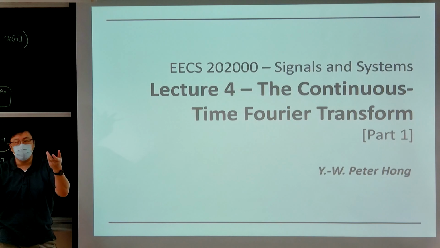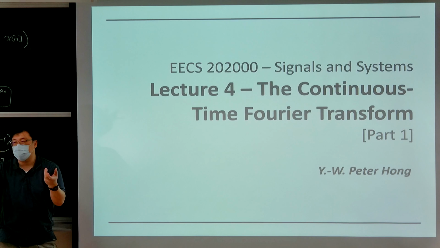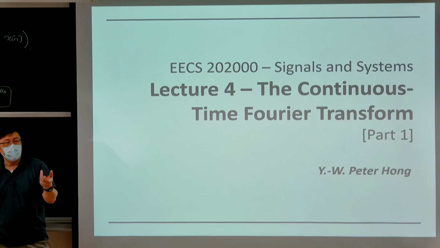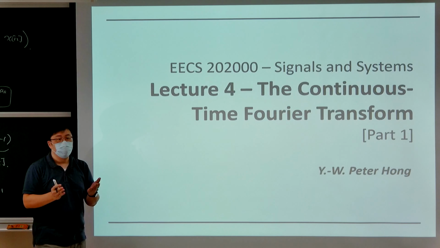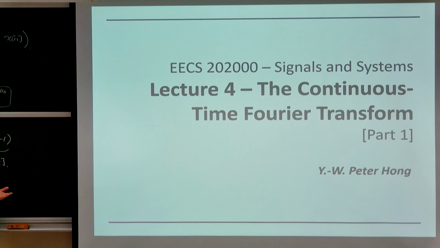So if we have a periodic signal where the replicas are repeated at a time capital T that goes to infinity, then we're essentially looking at an aperiodic signal. That's the insight here.